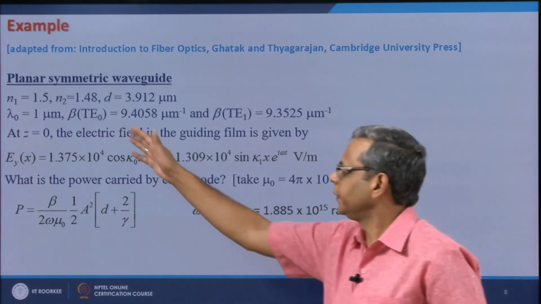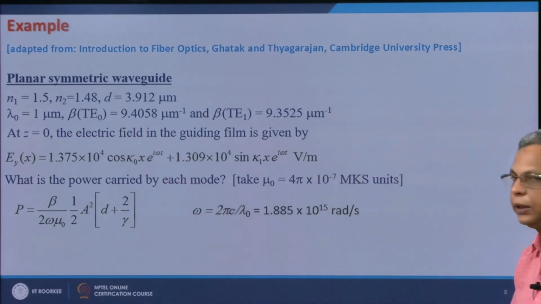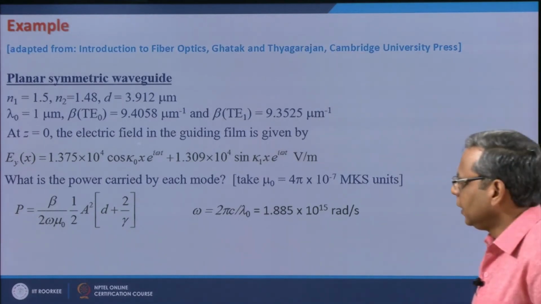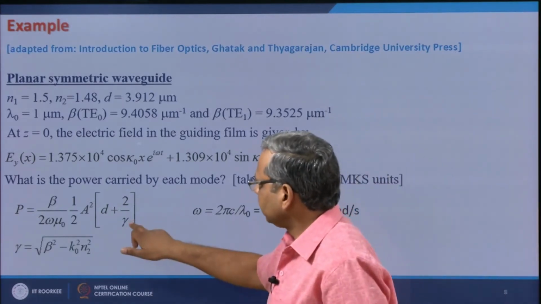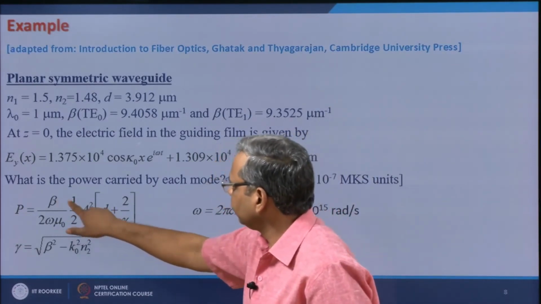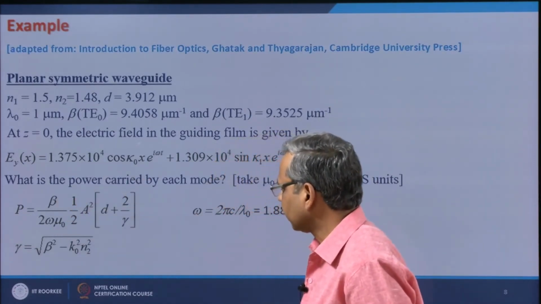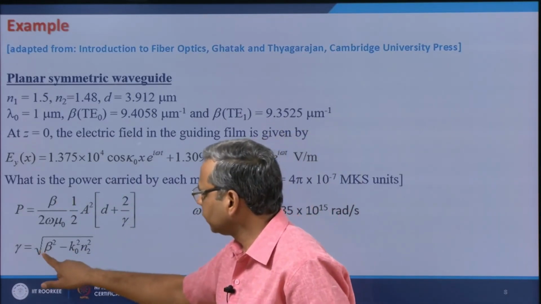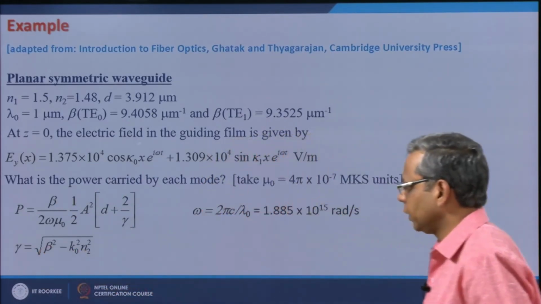Since lambda naught is given, you can immediately calculate the value of omega. Then you find out gamma, beta is already given, A is already given. Gamma you can find from the square root of beta square minus k naught square n2 square.